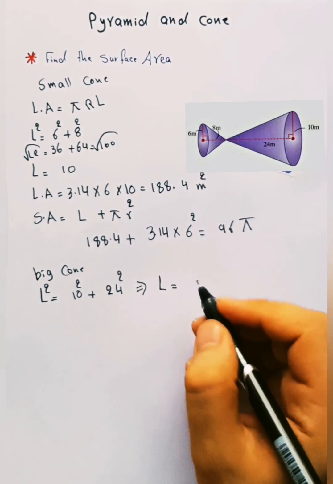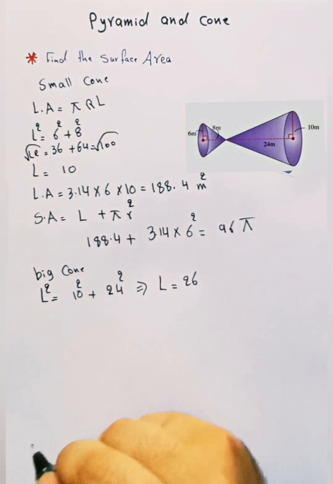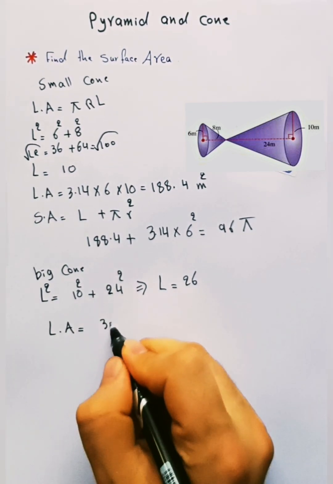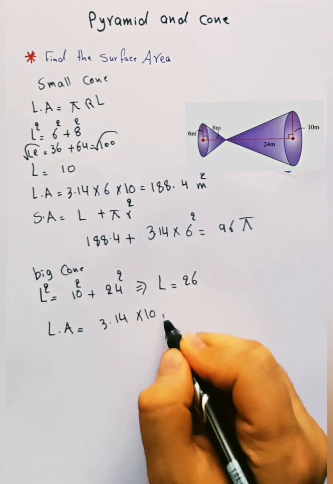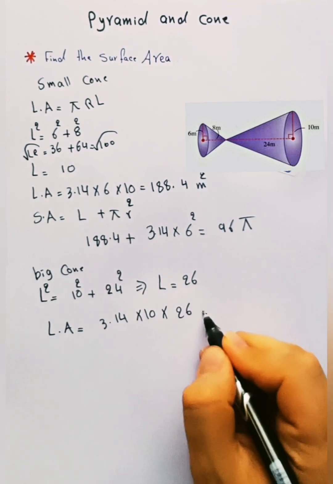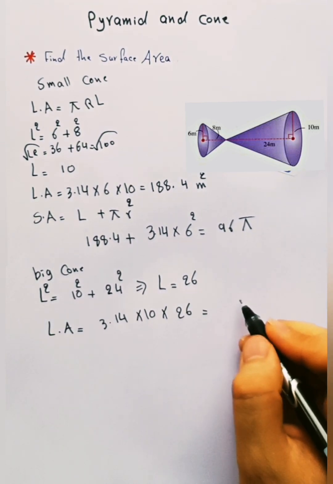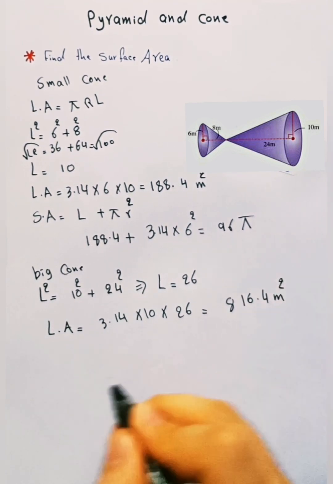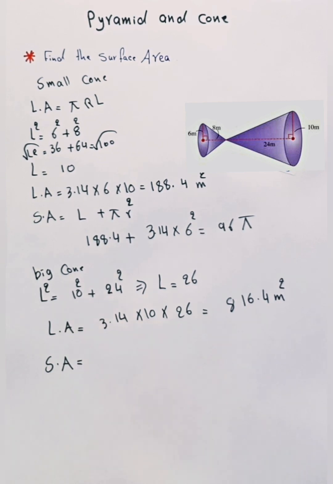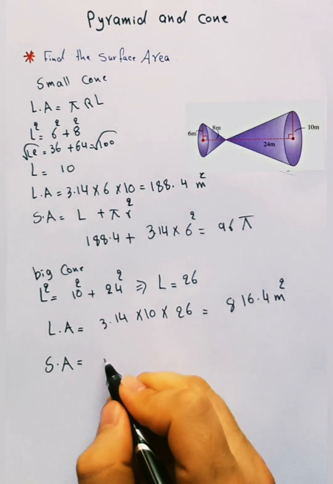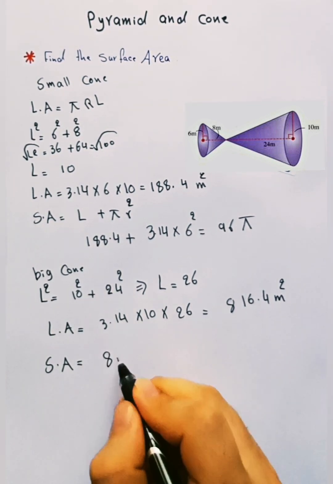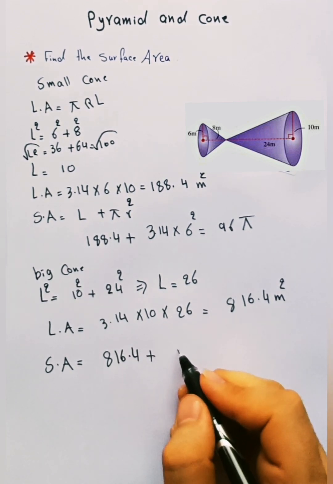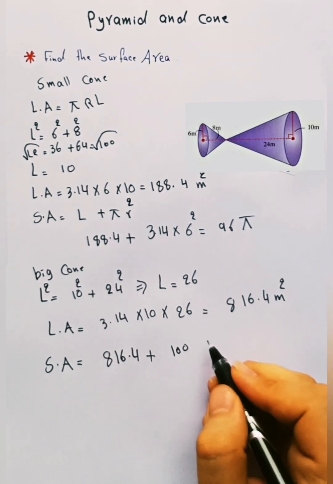So L equals 26. After that, the lateral area is equal to 3.14 multiplied by 10 multiplied by 26. So the product is 816.4 square meters. After that, the surface area is equal to the lateral area, 816.4, plus the area of the base.